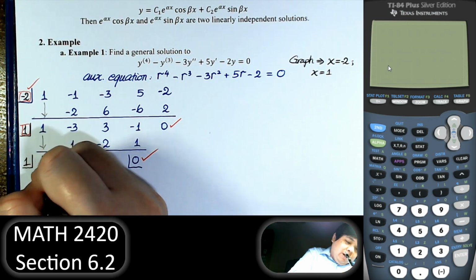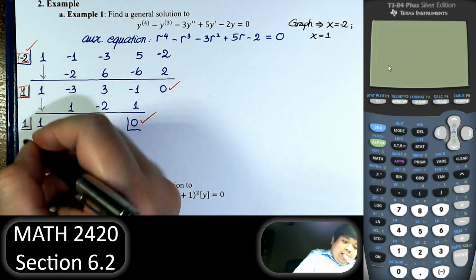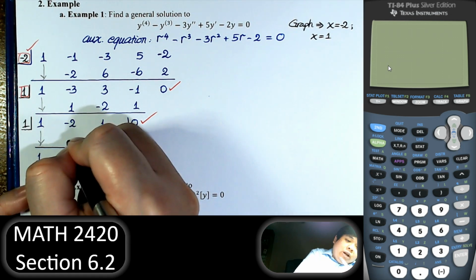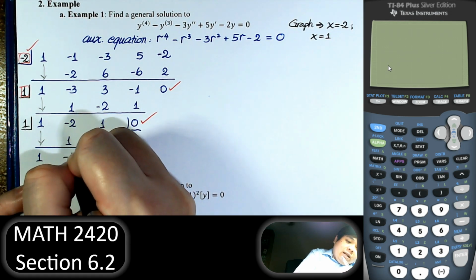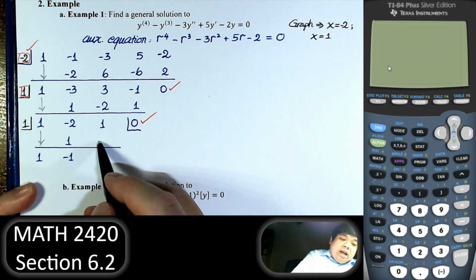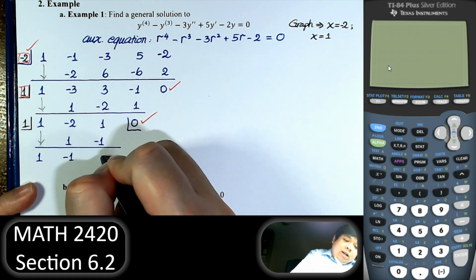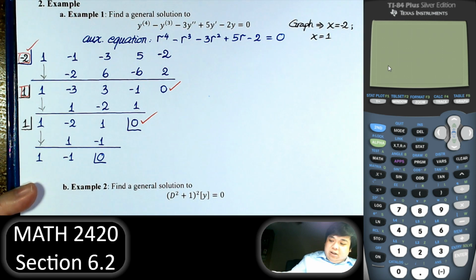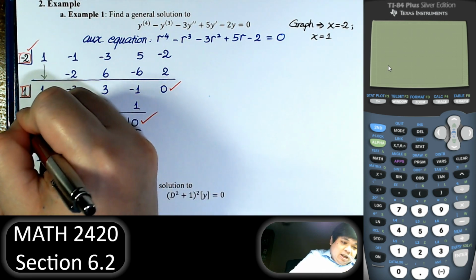I put the 1 down, write down the 1, multiply, put in the next column, and then add. Multiply, put in the next column, and then add. Once again, we have 0 as the remainder, so that means this is a zero as well.